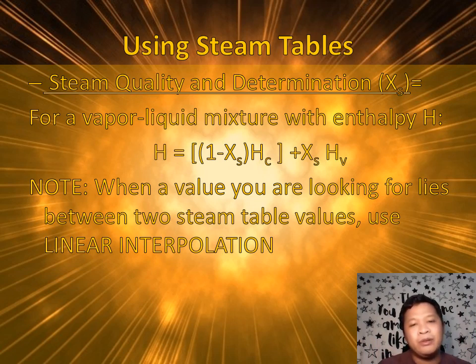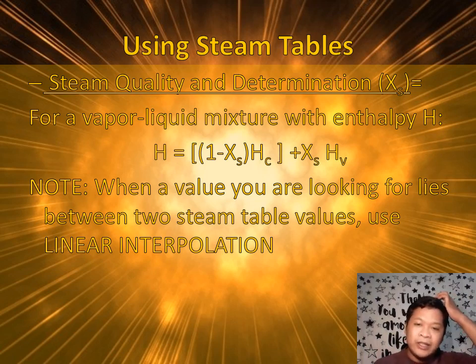And for you to compute the steam quality or how much saturated vapor there is, then you just use this equation where H is the enthalpy of the vapor liquid mixture, and that is determined by 1 minus the steam quality multiplied by the enthalpy of saturated liquid plus the product of your steam quality multiplied by the enthalpy of the saturated vapor.